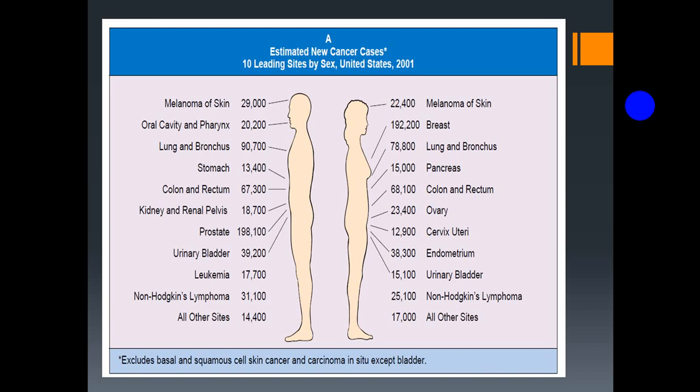I read it in some lectures and in some articles. In 2016, the cases differ from this picture. This picture shows that the highest incidence is in breast cancer in females, and in males the highest incidence is in prostate cancer.